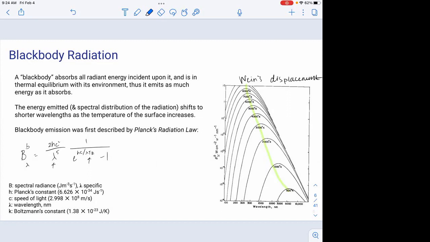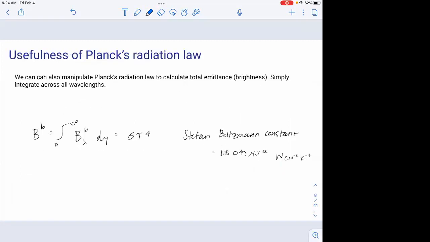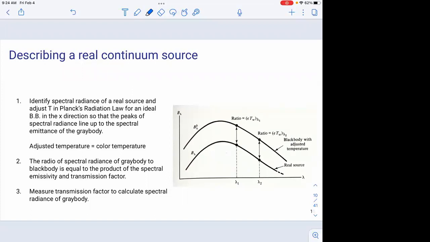And so I might have to, using temperature, adjust one way or another, right? So if my maximum emission of my gray body was right here, and my black body says it's supposed to be way over here, I can adjust using a change in temperature. So that's what this first step is really getting at. So that adjusted temperature is what we call the color temperature.